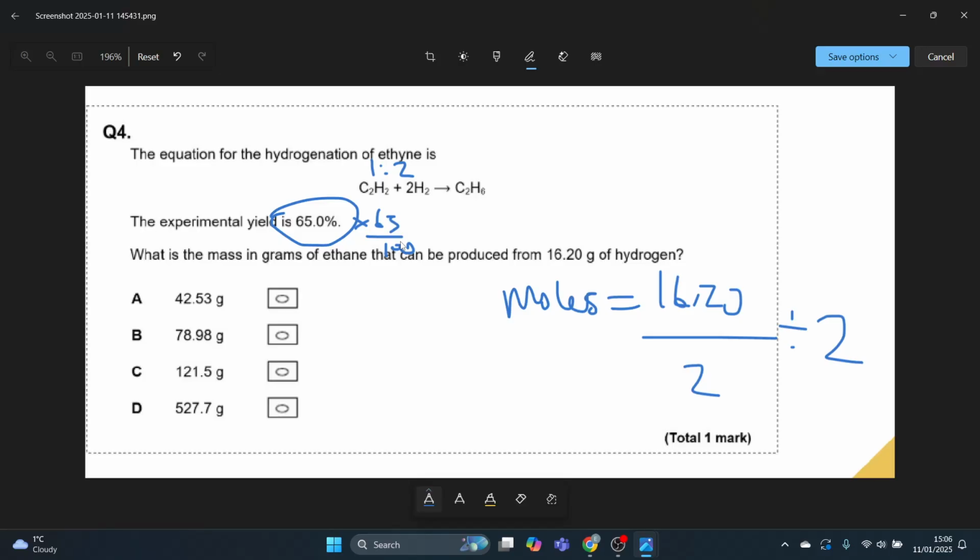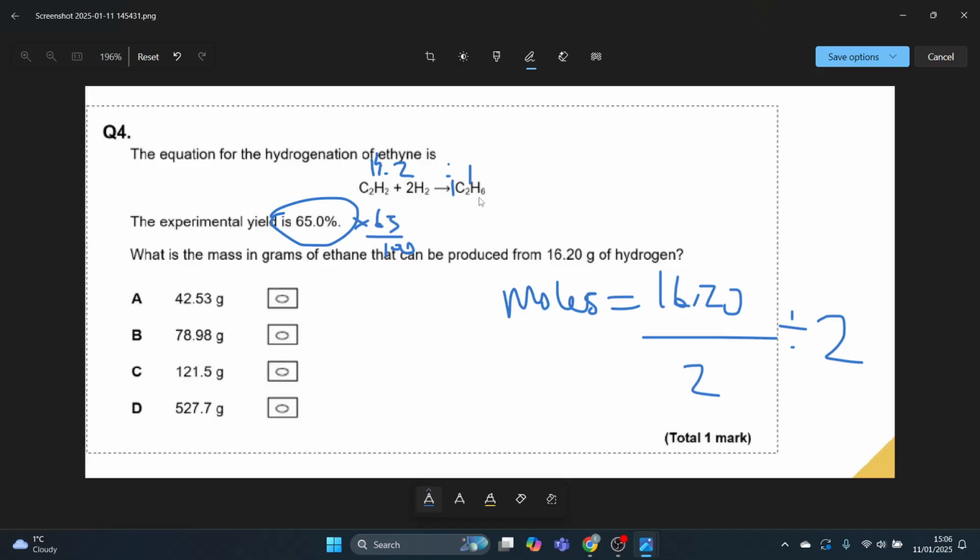Moles is mass over Mr, mass is going to be moles, 4.05, times by the Mr of ethane, no, that's ethyne. I'm trying to do it here. It doesn't matter because they're both 2 to 1 molar ratios for hydrogen and ethyne, or hydrogen and ethane.